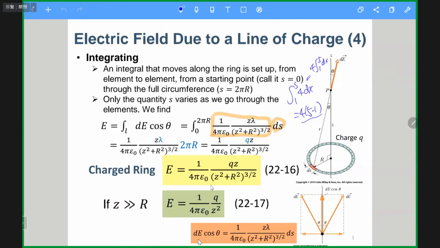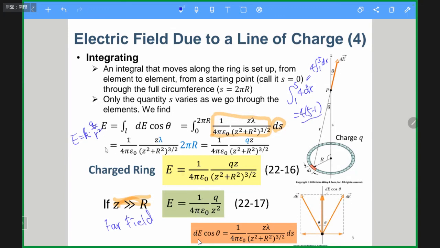And here we also apply the far-field condition. Okay, the far-field condition. For this one, z doesn't necessarily have to be much larger than capital R. But if z is much larger than capital R, then the expression will simplify like this, which is almost the same as E equals K times Q over R squared.